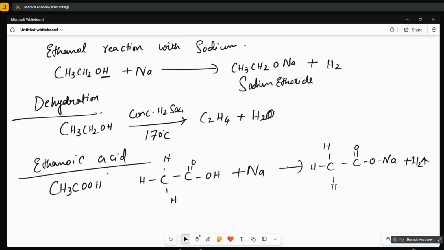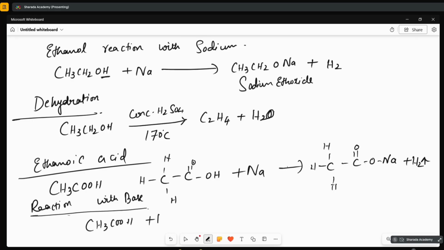This is about that. Then reaction with the base. What will be the reaction with the base? Base NaOH. Two bonds are already there, the double bond is there. Reaction with the base. What will you get?